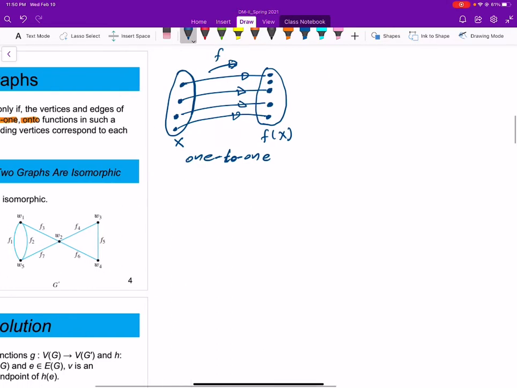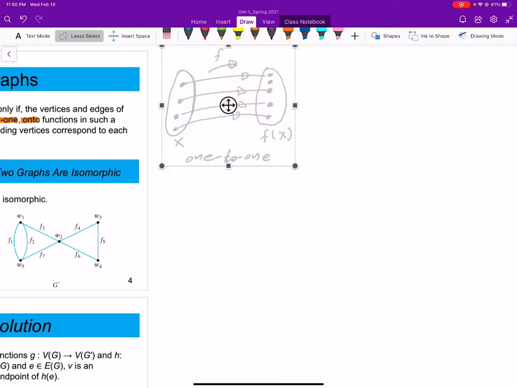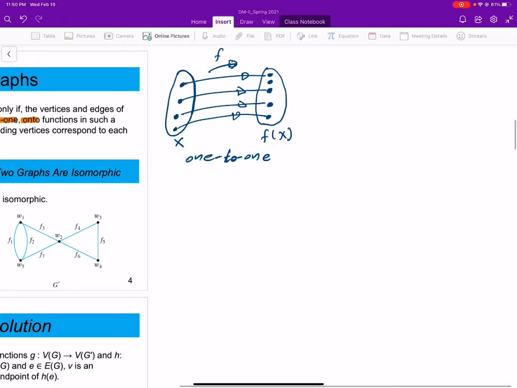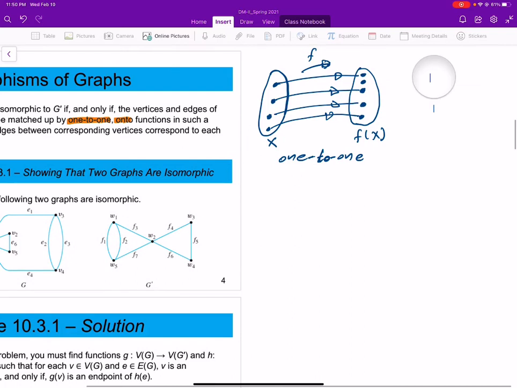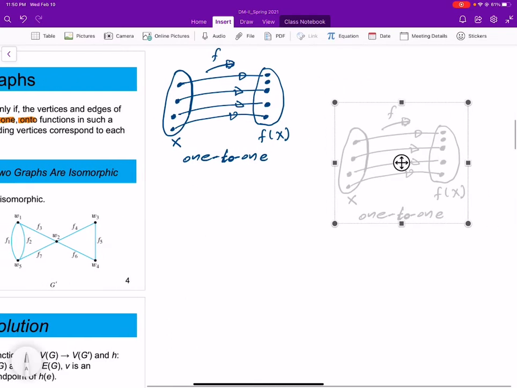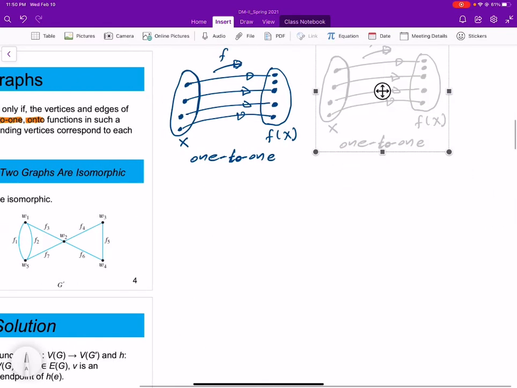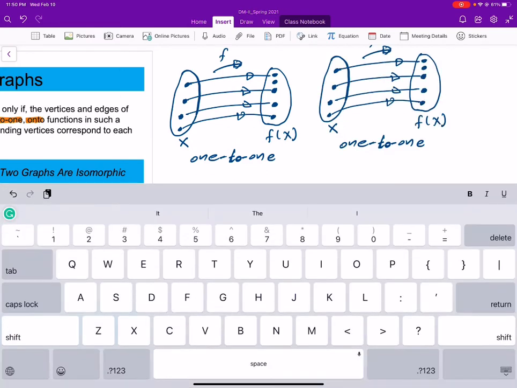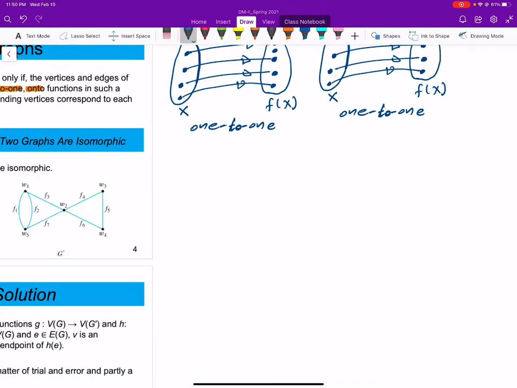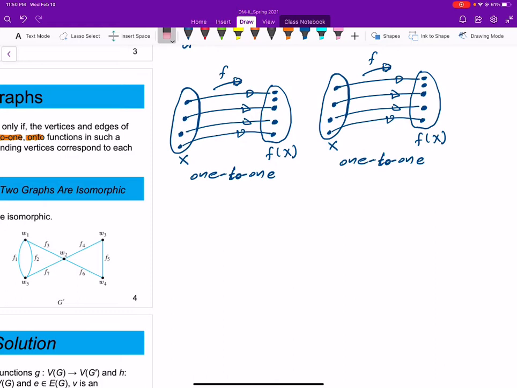And the next case, I'm going to show a case where it is not one-to-one. Now let me see what will happen in this case.